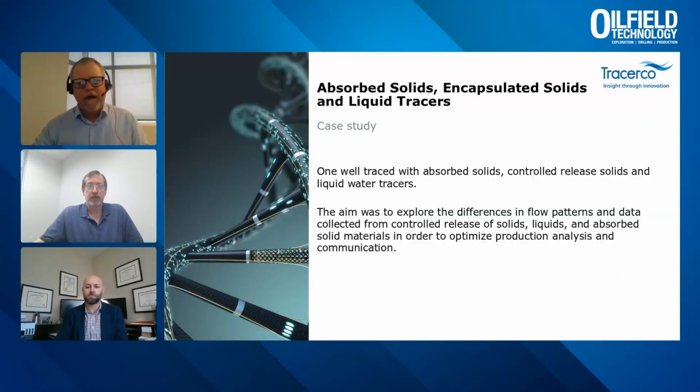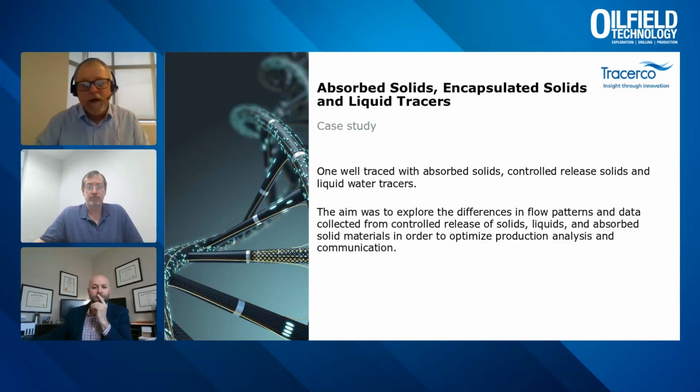I spoke a little bit about solids, absorbed solids versus encapsulated solids, and the liquid tracers that are utilized to quantify both production as well as communication in unconventional laterals. So I'm going to show you an example of one comparison where we'll be looking at an absorbed solid material versus encapsulated.